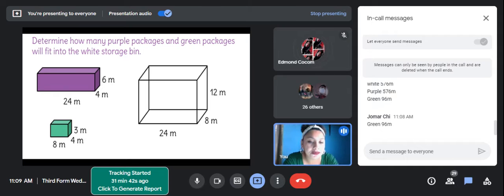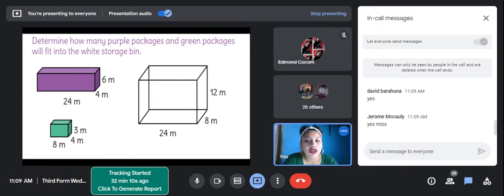Yes, miss. Okay. So the answer for the white box should be 2,304 cubic meters. The answer for the purple box should be 24 times 6 times 4, 576 cubic meters. And then the answer for the green box should be 8 times 3 times 4, 96 cubic meters.